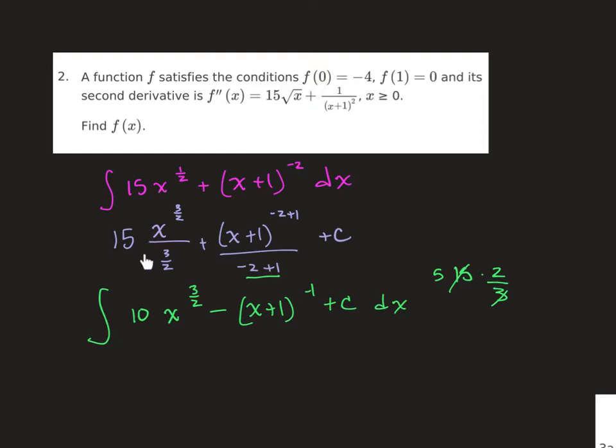So this was the first one, and now we need to do it again because we went from f double prime to f prime, and we want to get all the way back to f. So this is going to be 10x to the 5/2 over 5/2, minus, and in this case, if we use this same rule, we'd have negative 1 plus 1, and we'd end up with a 0 in the bottom, so that's not going to go well for us.